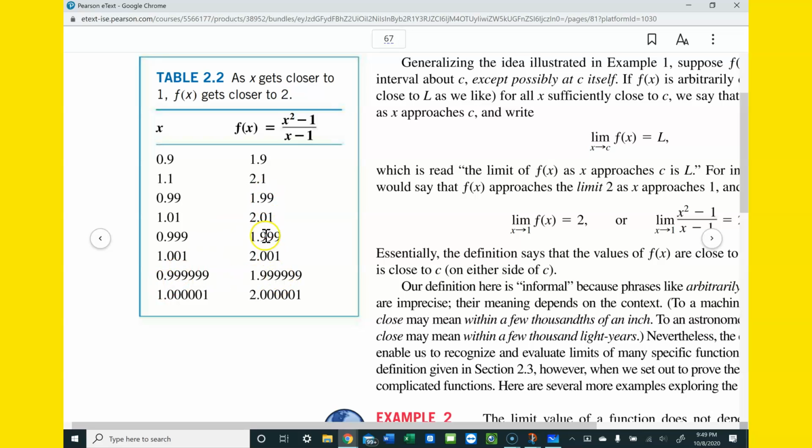How close can we get to the point (1, 2)? We can go 0.999999 and get 1.999999, or 1.000001 and get 2.000001, and whatever we can imagine as far as getting close, it can get closer still.